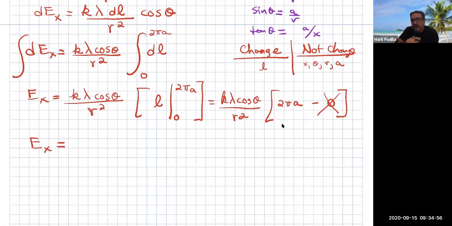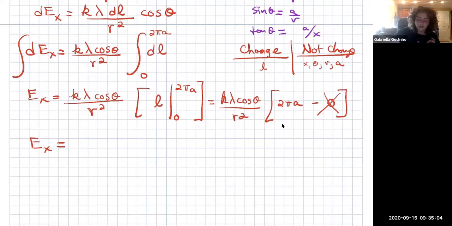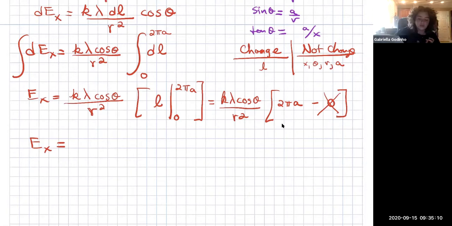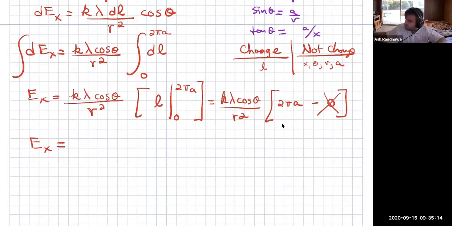Now how are we adding now? What does integration mean? Adding up all the little pieces. So the integral takes care of all that.